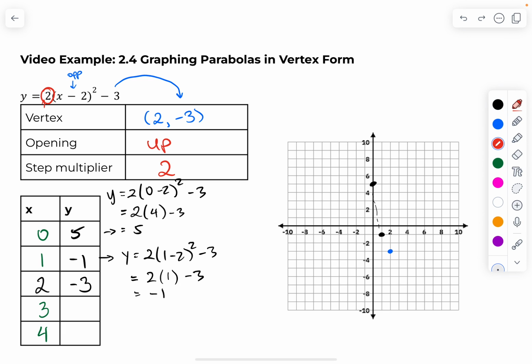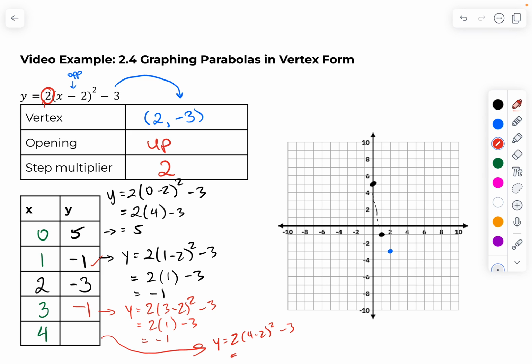So we'll do the right side. So y is 2 times (3 minus 2) squared minus 3. So 2 times 1 minus 3, negative 1. See? Matches. Okay? Now let's do the last one. So 2 times (4 minus 2) squared minus 3. 2 times 4 is 8, minus 3 is 5.